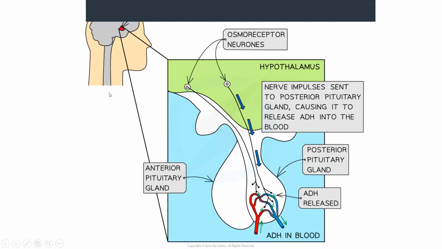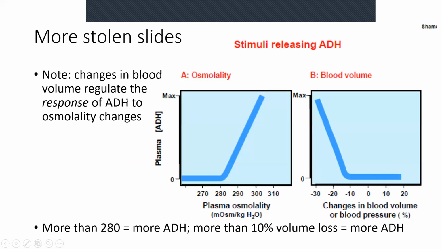And so here's just a cleaner diagram if you want to look at it. I'm going to skip ahead. So these are the stimuli that control the release of ADH that we described before. So first you have osmolarity, where once you reach about 280 milliosmolar per kilogram of water, you're going to start seeing a release of ADH.